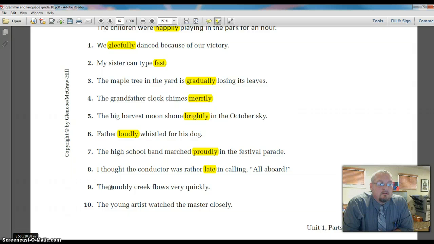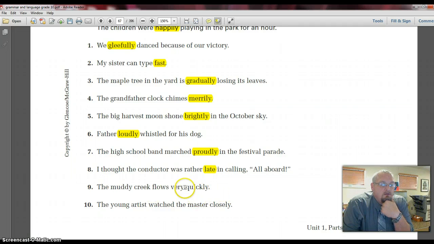Number 9. The muddy creek flows very quickly. Quickly is the adverb. It tells how the muddy creek flows.